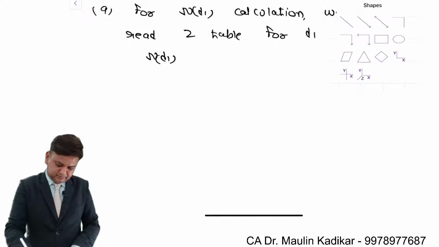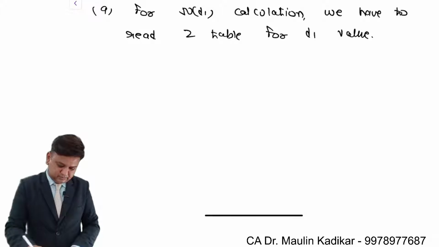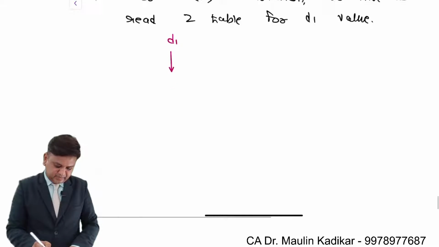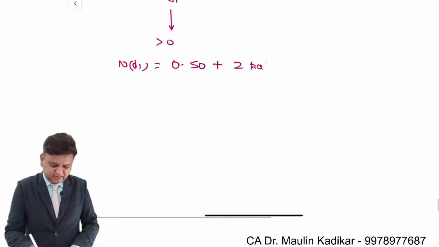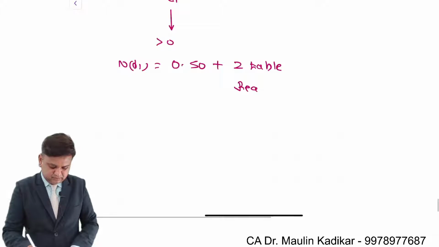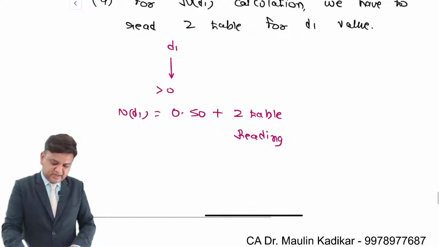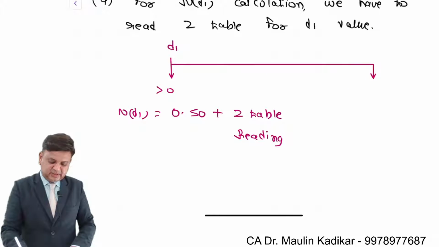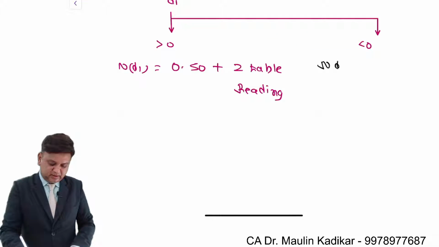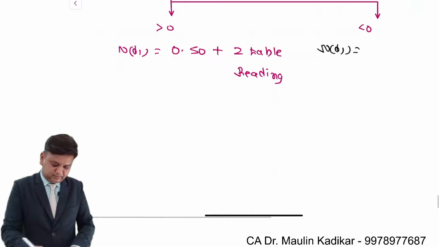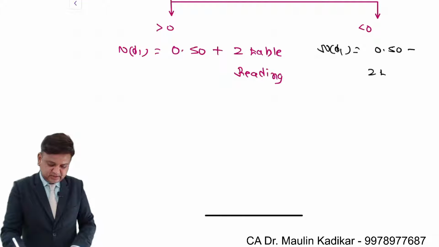If D1 is greater than 0, ND1 is equal to 0.5 plus Z table reading. And if the D1 value is less than 0, then ND1 is equal to 0.5 minus Z table reading.